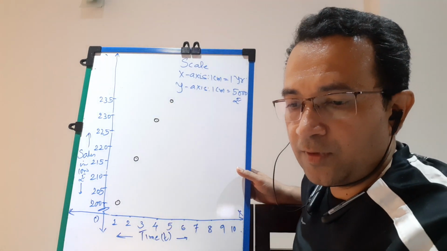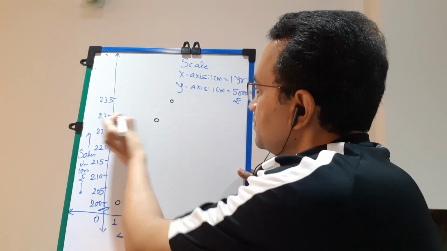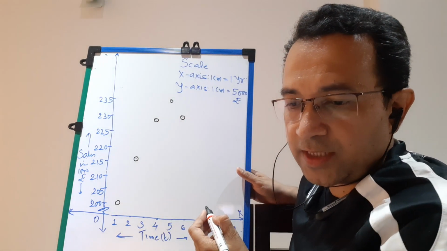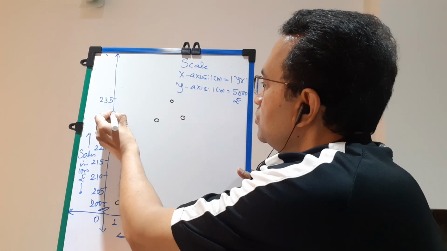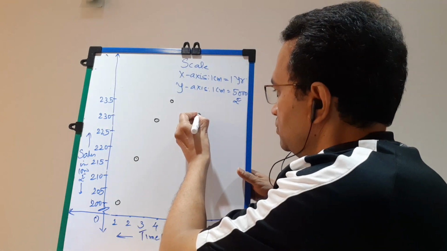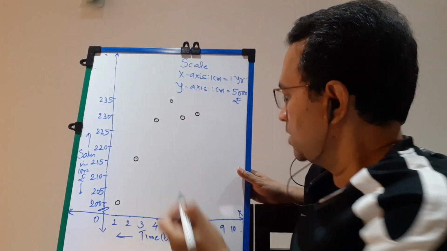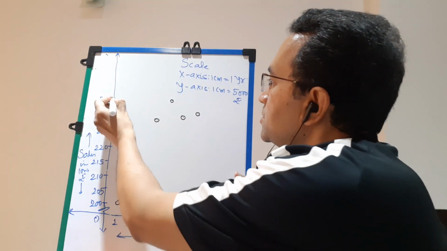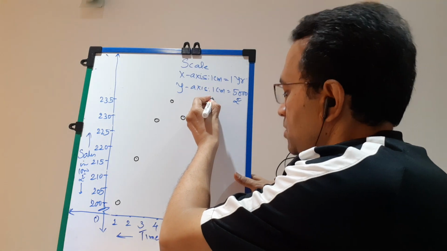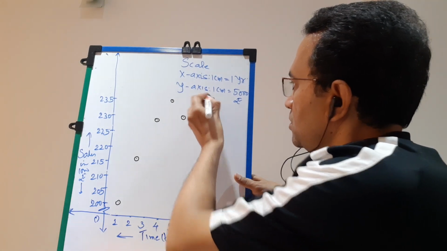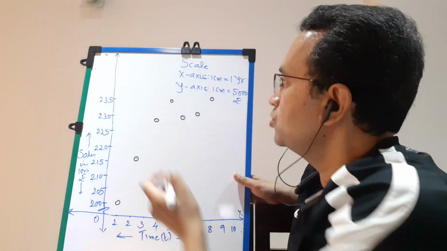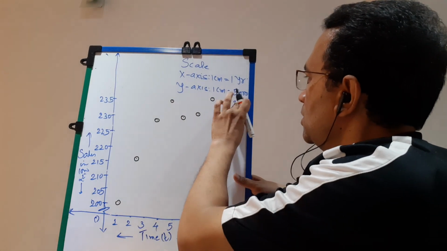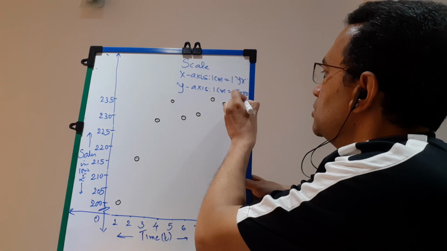Then for 5 it is 230. For 6 it is 232. For 7 it is 236. For 8 it is 235. Okay.